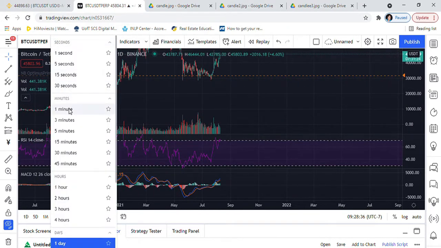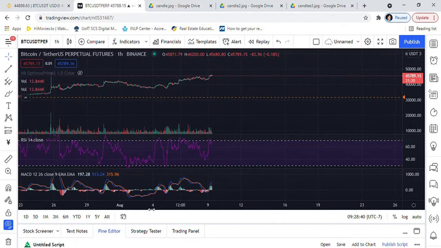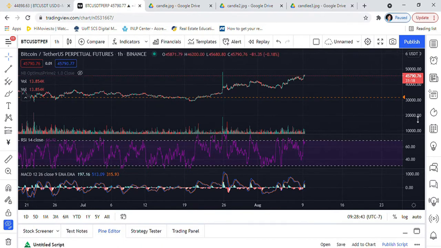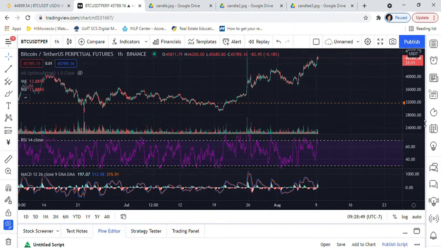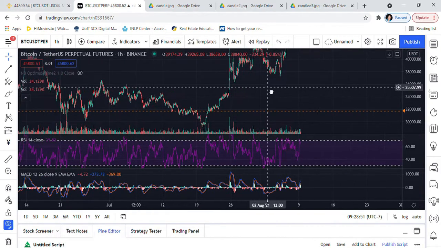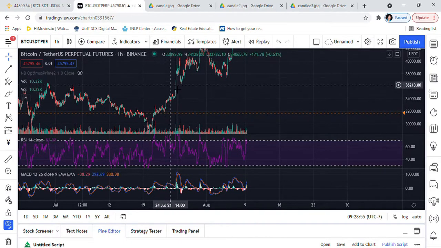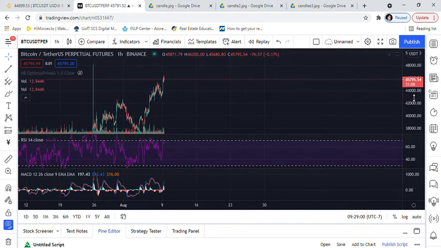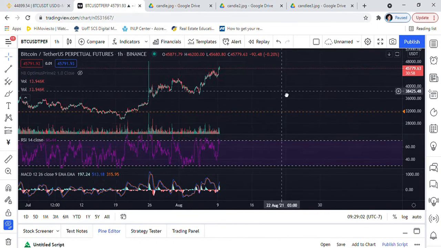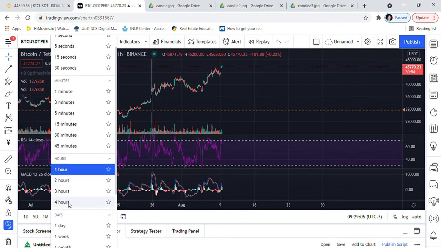And if I go to, let's say, 1 hour, so small, okay. On the 1 hour, you can see it is going up. Look at that. It's going up, down a little, up, down a little, up, up, and look at that. It's so high! All right, let me get back to the training of candlesticks.